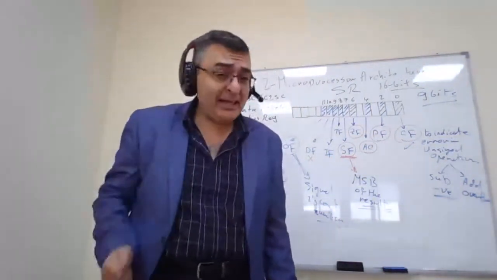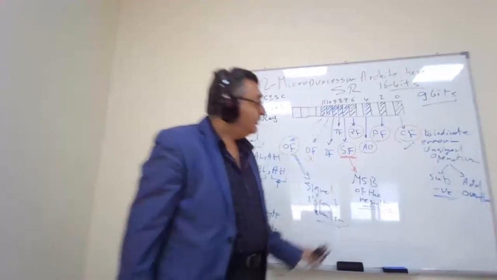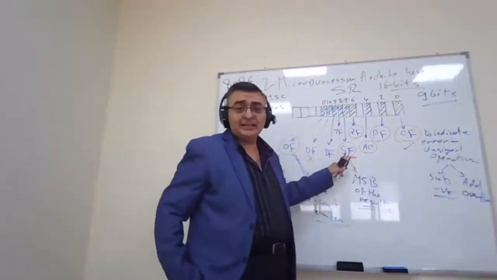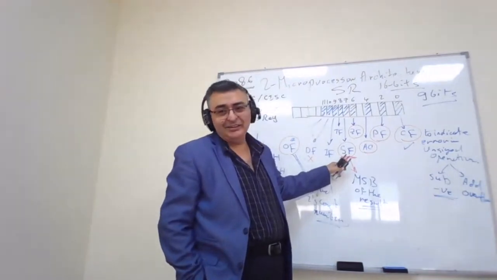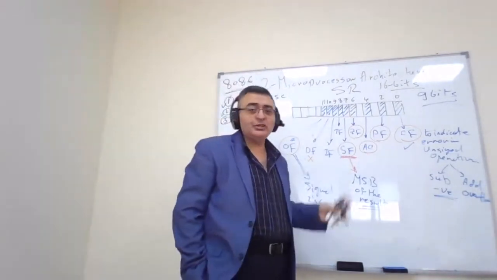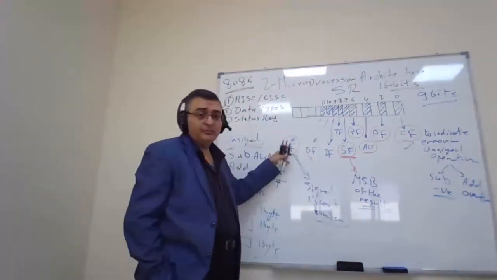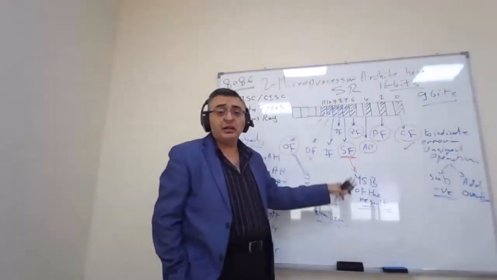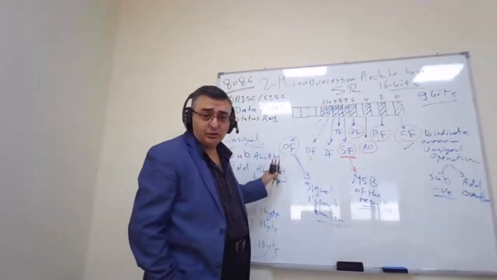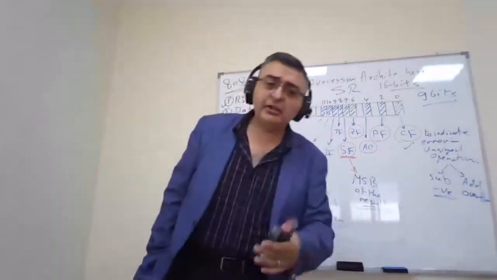Does this mean the result is negative? No, it depends, because if I have an overflow, the most significant bit of the result is not the indicator for the sign of the result. You know this from DLD.